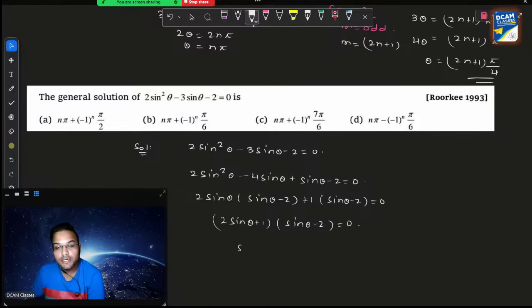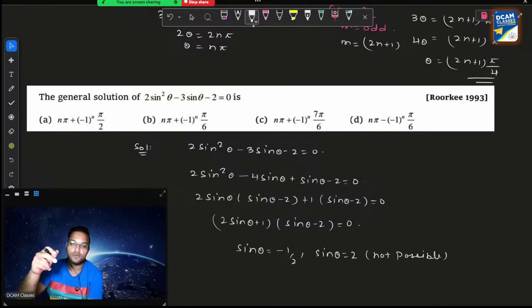Now from here you'll get two values. Either sine theta is equal to minus half or sine theta is equal to 2, which is not possible. Why? Because sine theta's maximum value is 1; the graph does not go beyond 1 or minus 1.